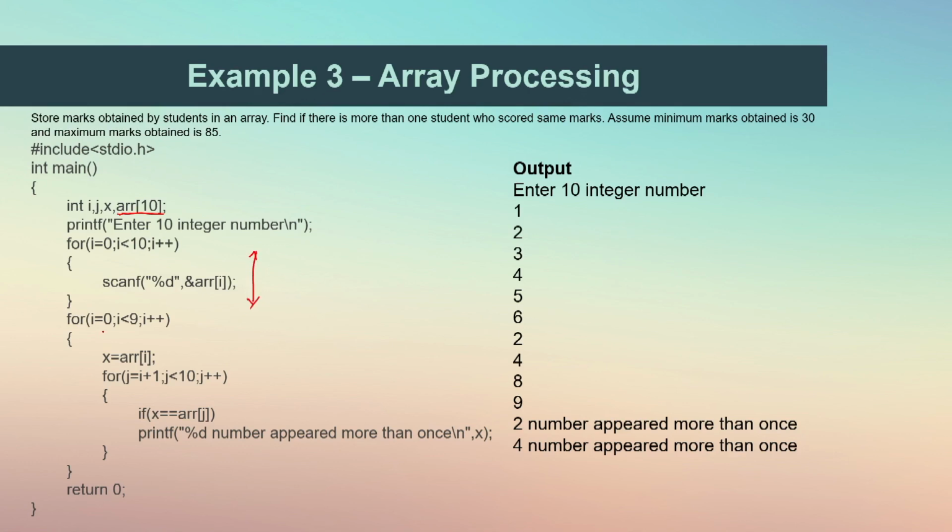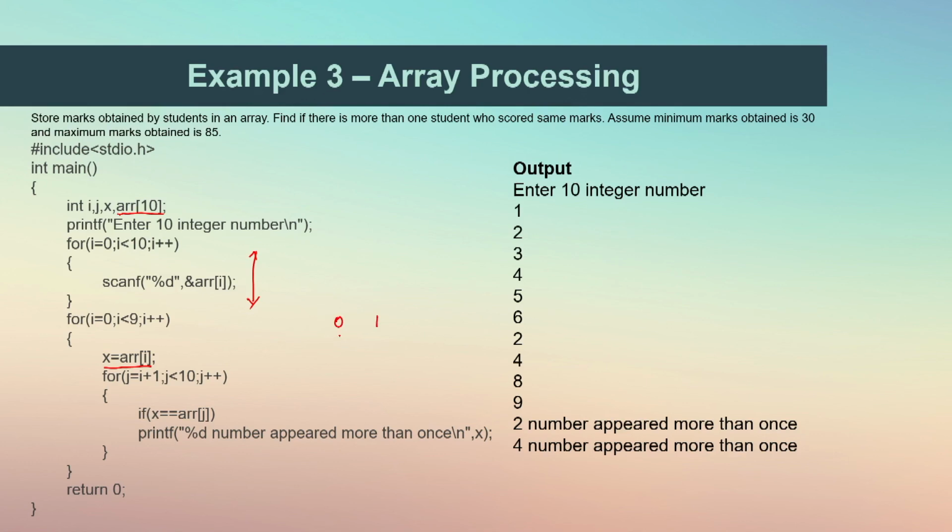And now we are going to run a loop from 0 to 9, and here we store the value of the first element in the variable x, and we use a loop from j equal to I plus 1, in the sense that if the I value is 0, the j value will be 1 to 10.